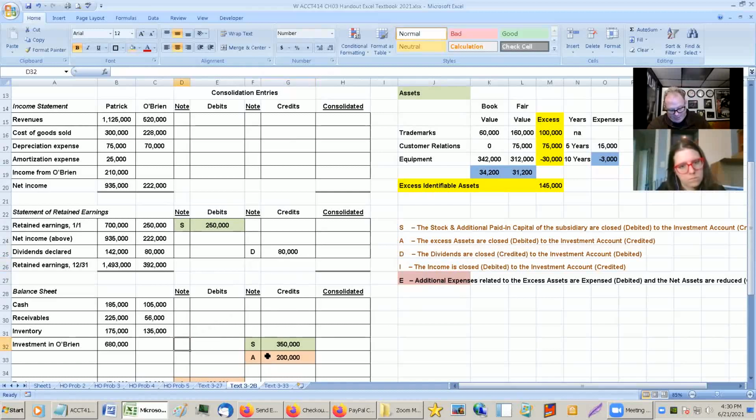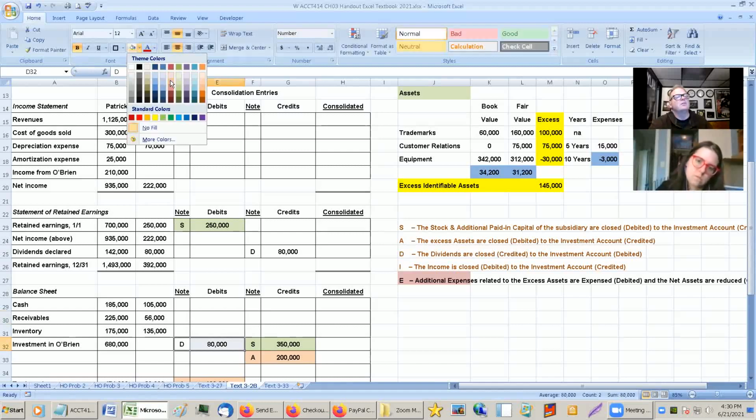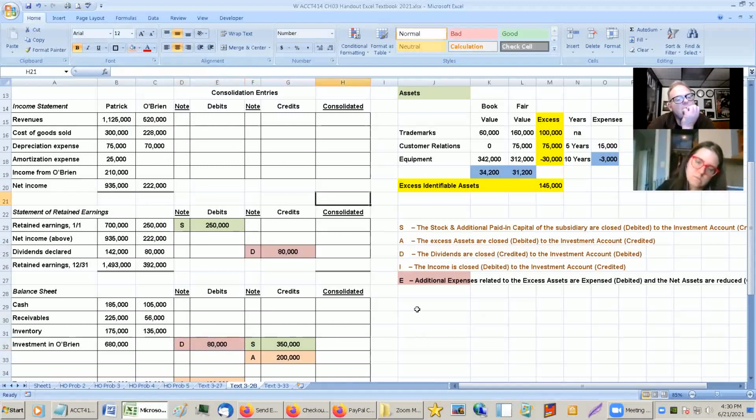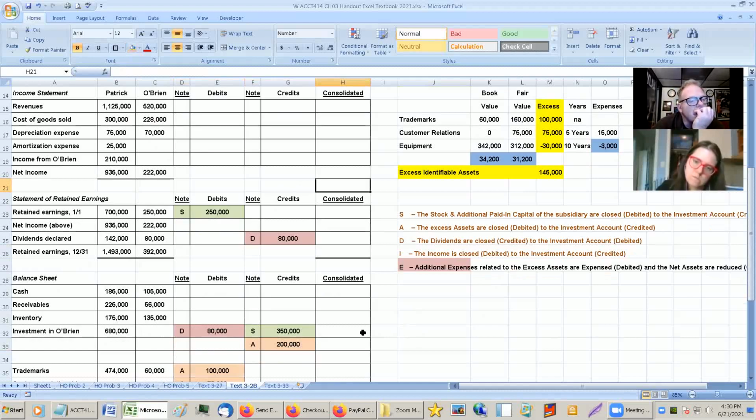And those are odd because they were subtracted out and now they get added back.